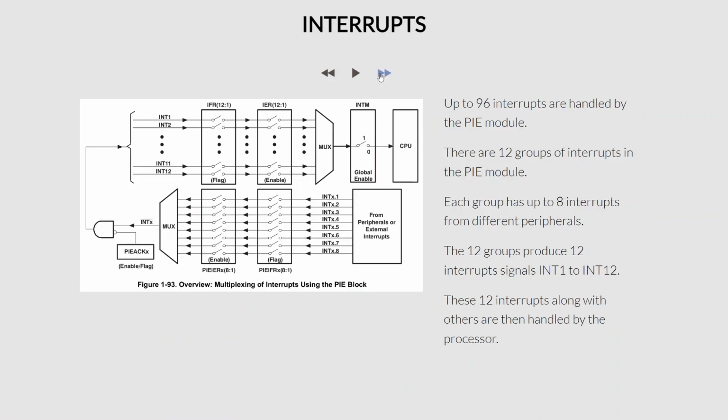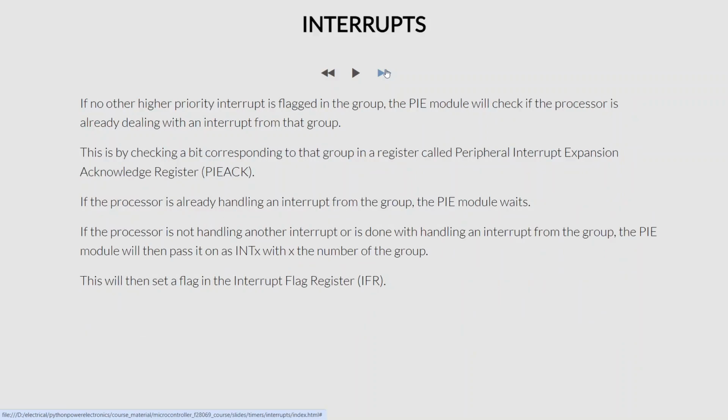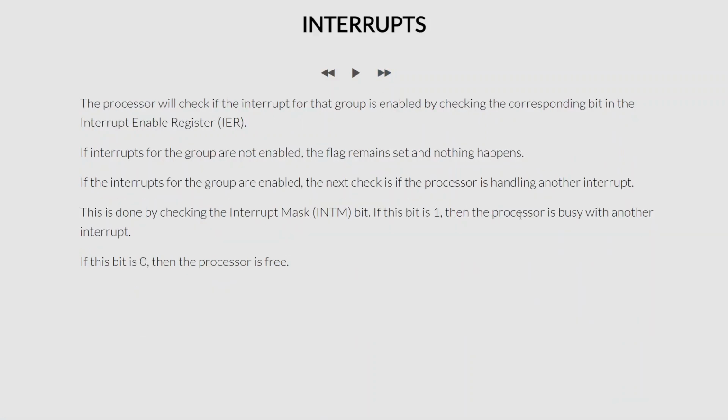If the interrupt mask bit is 1, then the processor is currently busy with another interrupt, right? Then in that case you must wait. If this bit is free, then the processor is free, right? And if the processor is free, then it can start.